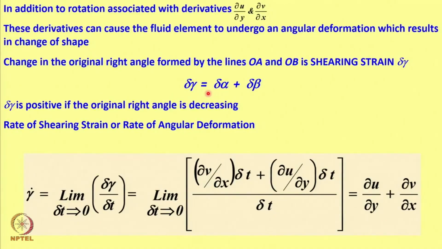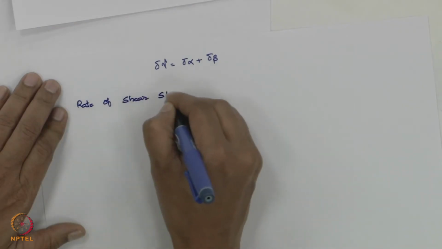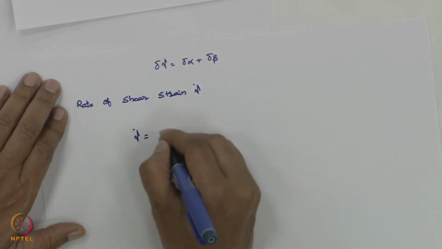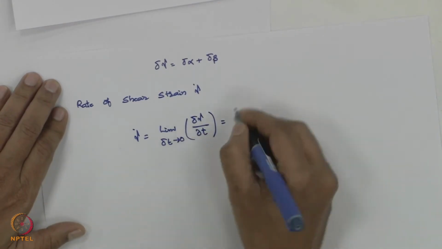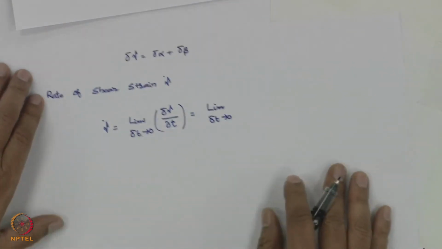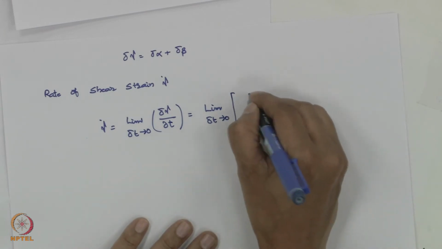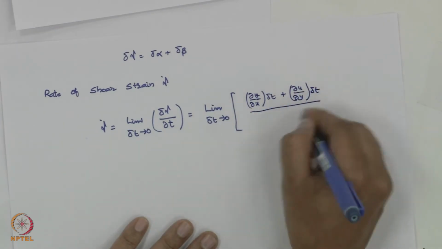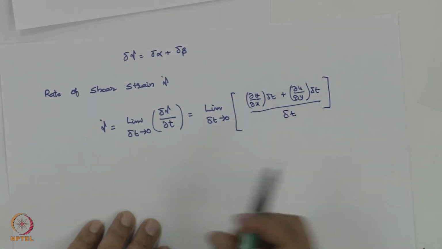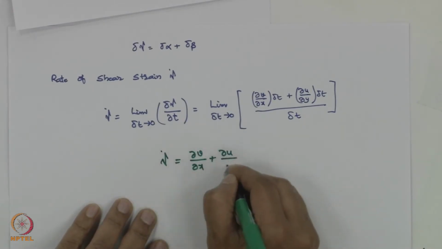So that gives us the rate of shear strain, γ dot, equal to the limit as δt tends to 0 of δγ/δt. The limit as δt tends to 0, δγ is δα plus δβ. δα and δβ we have just derived, that is ∂v/∂x δt plus ∂u/∂y δt upon δt. So you get γ dot as ∂v/∂x plus ∂u/∂y.